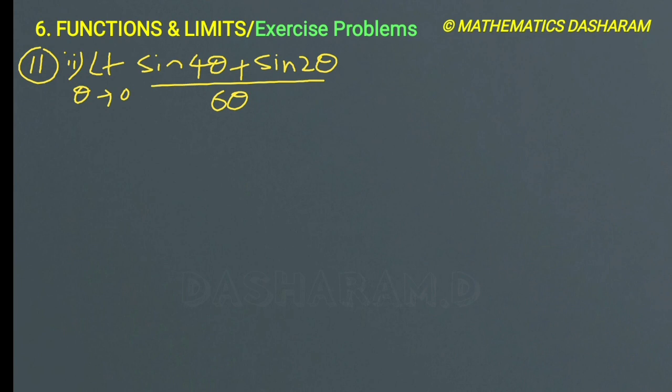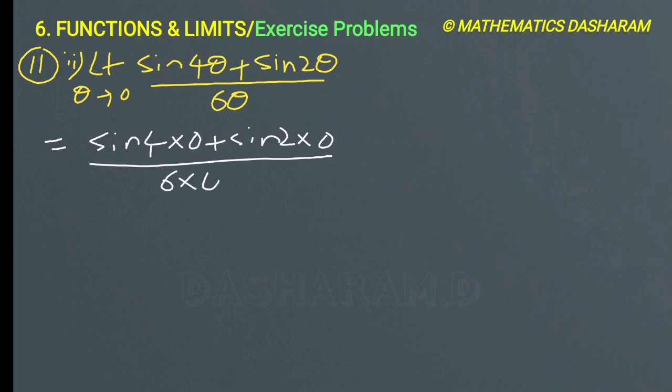Second bit, limit theta tends to 0 of (sin 4 theta plus sin 2 theta) divided by 6 theta. Let's substitute theta equals 0. So sin 4 into 0 plus sin 2 into 0 divided by 6 into 0.